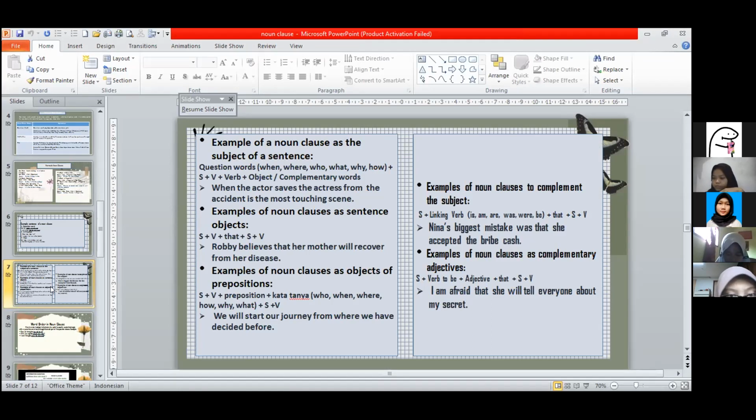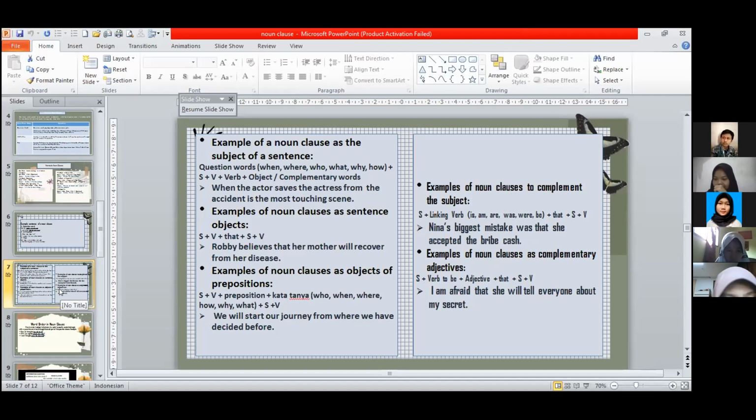Number two, example of noun clause as a sentence object. Robbie believes that her mother will recover from her disease. Here we use formula subject plus verb plus that plus subject plus verb.